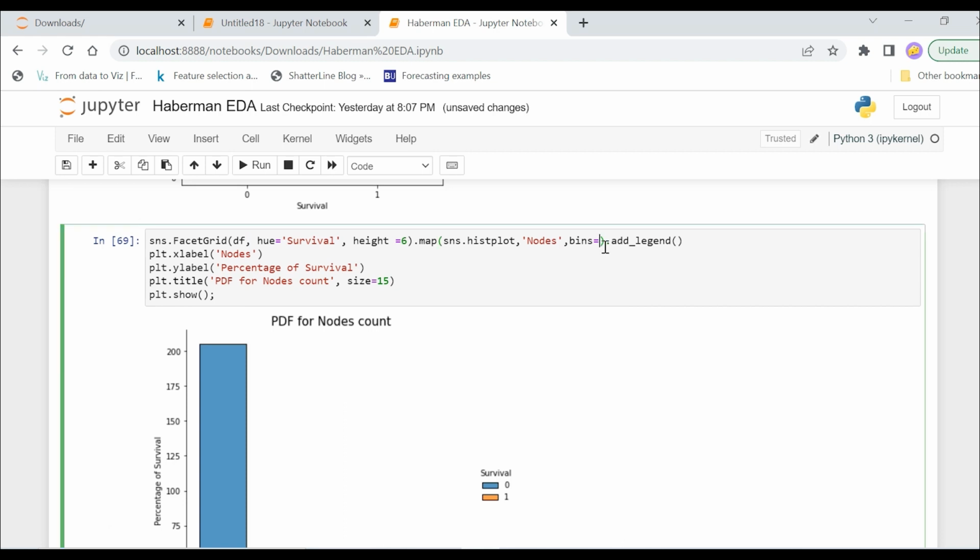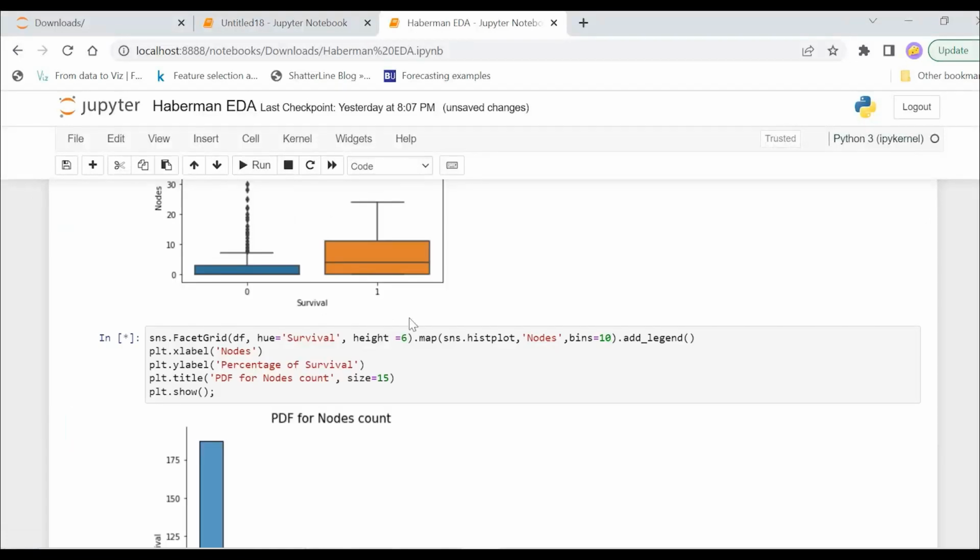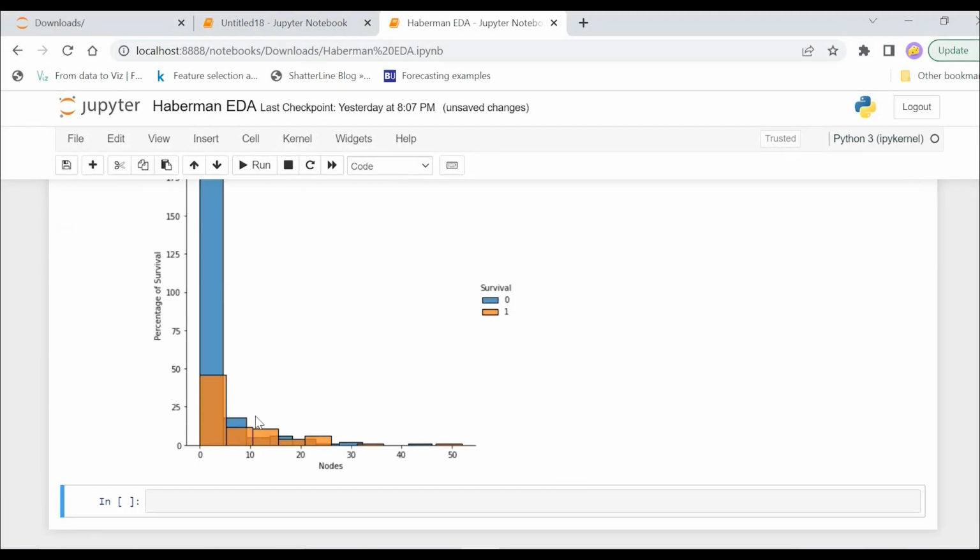Suppose I change bins to 10. So here you can say 0, 5, 10. The percentages increase heavily after 10.